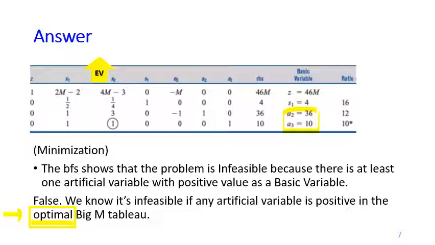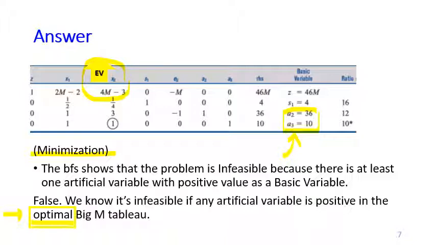This table or this BFS is not optimal yet because in the case of minimization, you still have a variable with positive coefficient. So you should keep doing the simplex iteration until you reach optimality on the BFS, and then you check whether there is any artificial variable in the basic variables. If that is the case, then you can say the problem is infeasible. But at this point, at this table or at this BFS, you cannot draw such a conclusion.